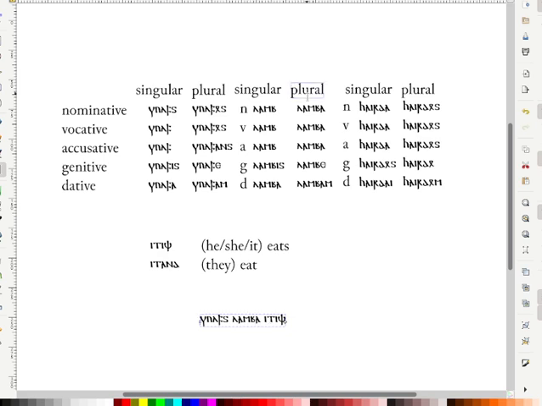And in modern English, we say one sheep, two sheep, three sheep. In Gothic, you want to say one lamb, two lamba. So there is a different plural.